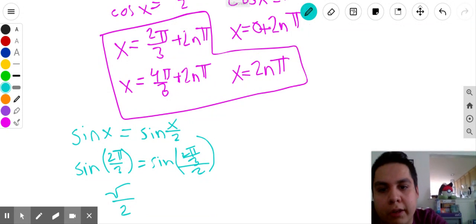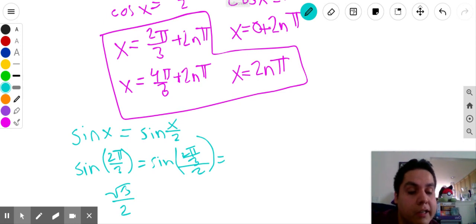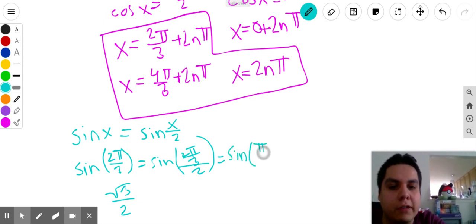And if I look at the right side, if I take 2 pi over 3 and divide that by 2, I'm taking half of 2 pi over 3. So that simplifies down to sine of pi over 3.